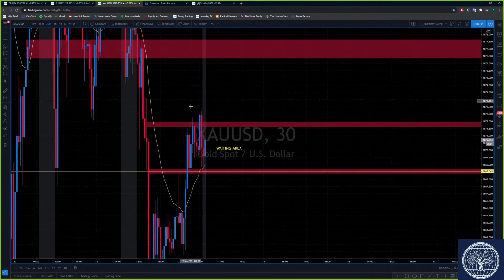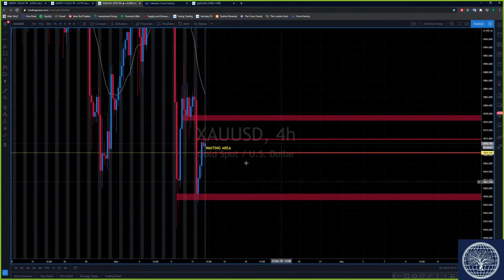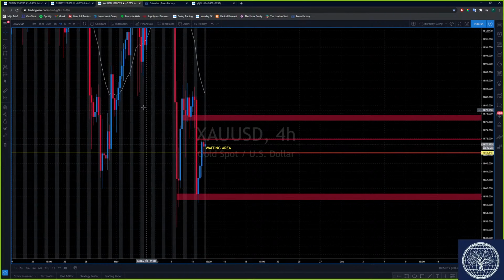So if gold does start breaking above this level, then yeah, it's gonna go bullish, maybe up to 1878, roughly, or should I say 1777? Yeah, 77.